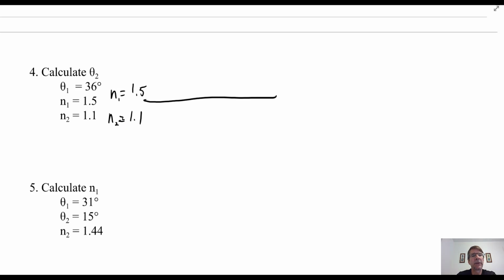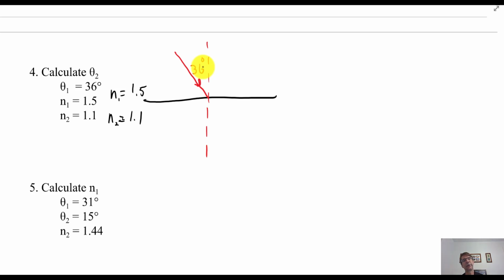It says theta 1, angle of incidence, is 36. So if I draw my initial incoming ray, this angle here is 36 degrees with the normal. 36 degrees. My dashed line is the normal. And I'm going into something less dense than what I'm in.